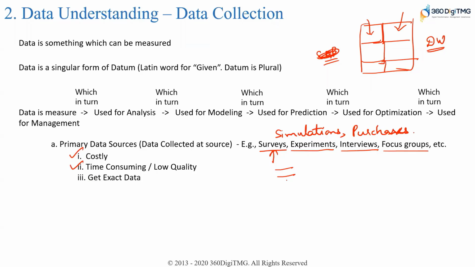And when people fill the surveys, they might randomly select A, B, D, C. There is a chance that you might get low quality data, until and unless you define your survey questionnaire very well. Okay, data validation techniques are important here, or survey validation techniques. But the good part is that these two are the flip sides, or the cons. The pro is that whatever data you need, you get exactly that data for your analysis.